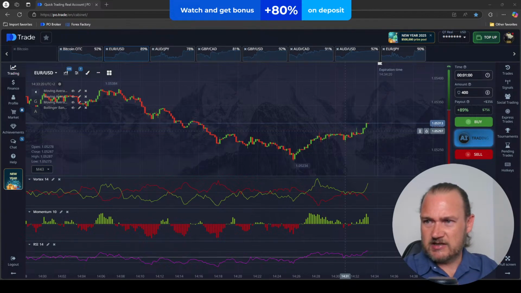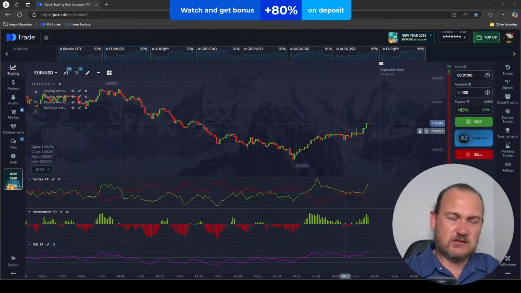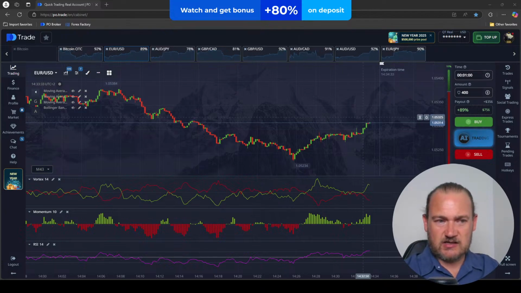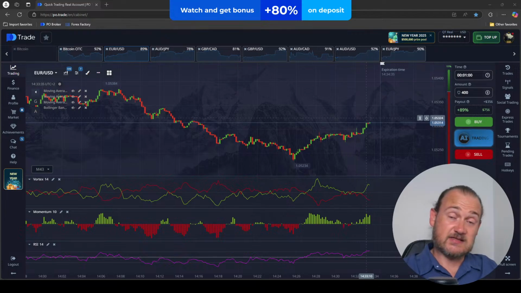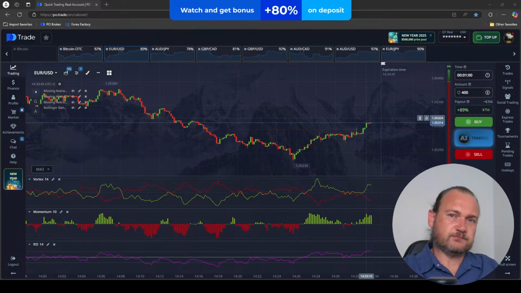Don't jump in. A lot of people have FOMO and they don't want to miss out on trades. But it's always much better to stay out of a trade than to take a low probability trade, or a trade that's outside of your strategy parameters, and then end up losing money.